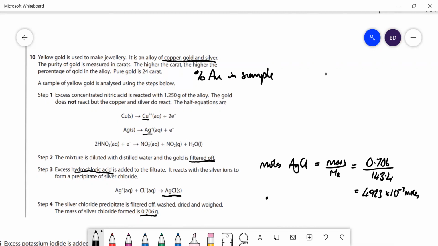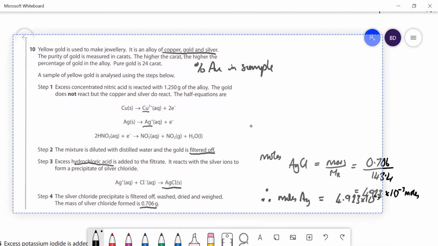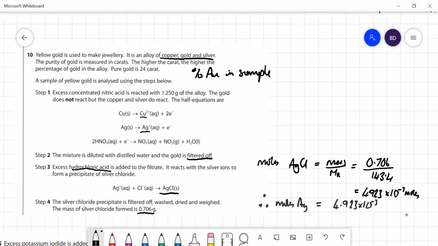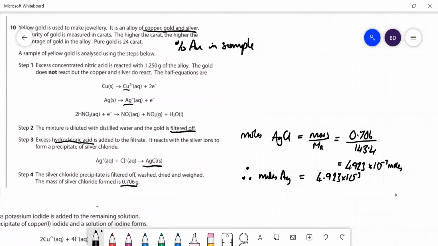Therefore the moles of silver in the sample is the same as that. So we can work out the mass of silver in the sample, because mass is equal to moles times Mr, or Ar I should say, the atomic mass of silver.